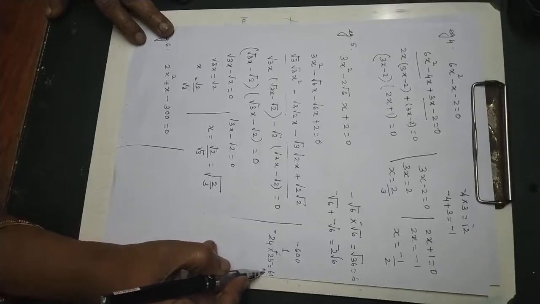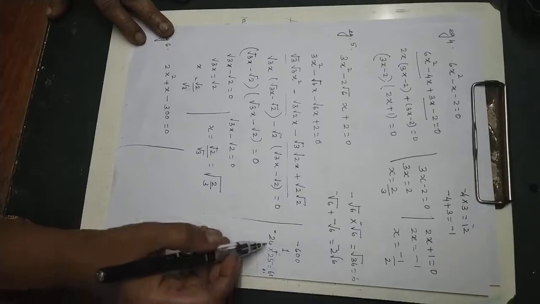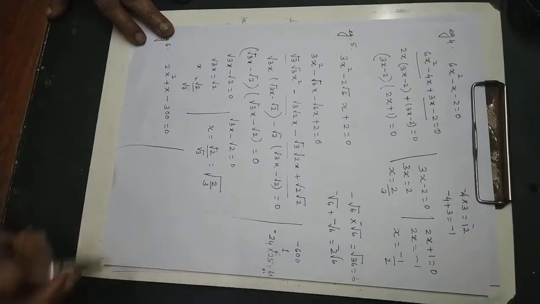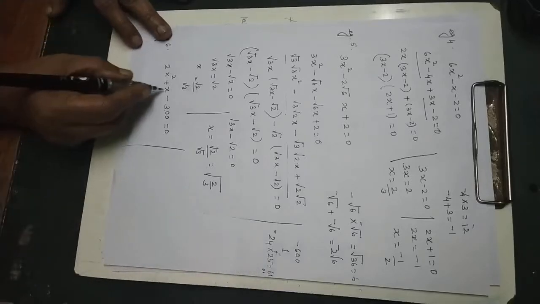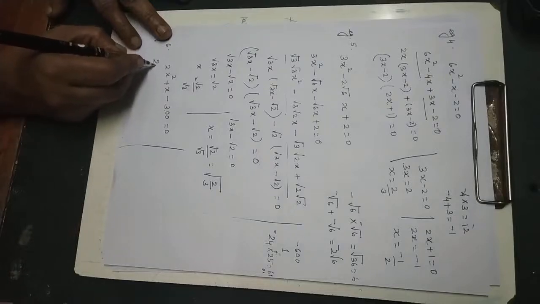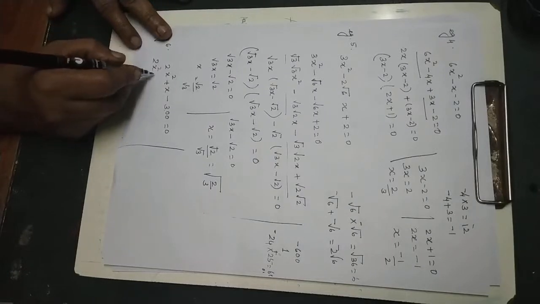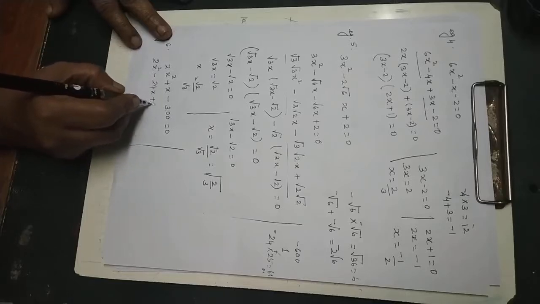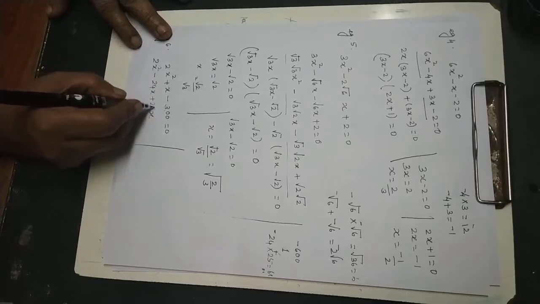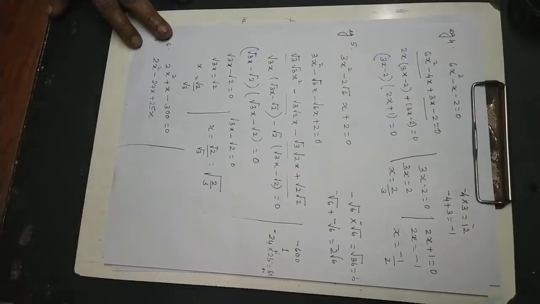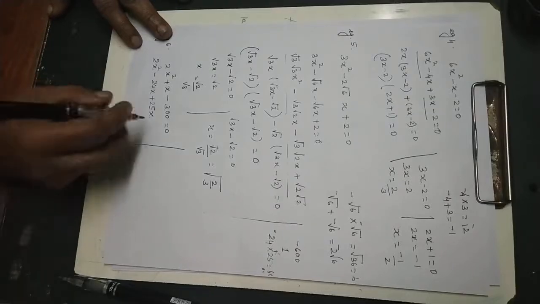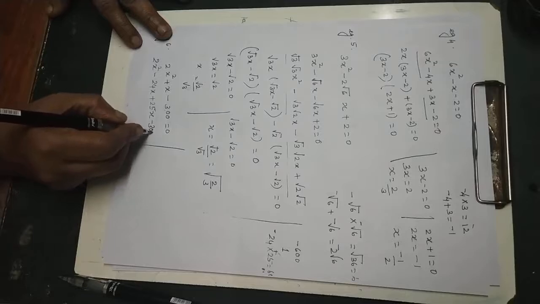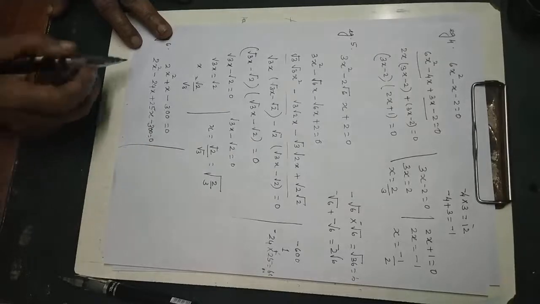So you get 600 on multiplication, and when you add them you will get 1. So split that x in terms of that: 2x square minus 24x plus 25x minus 300 equal to 0.